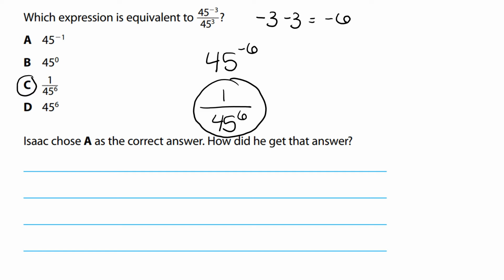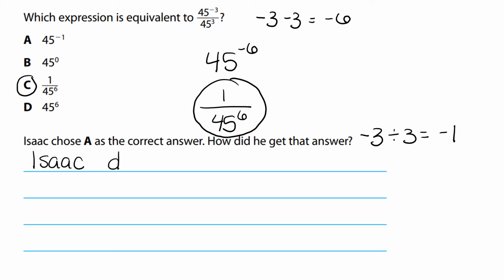It says Isaac chose A as the correct answer. How did he get that answer? In order to get a negative 1 for your exponent, Isaac divided the original exponents. Isaac did negative 3 divided by 3 to get a negative 1. So we can go ahead and write that statement.